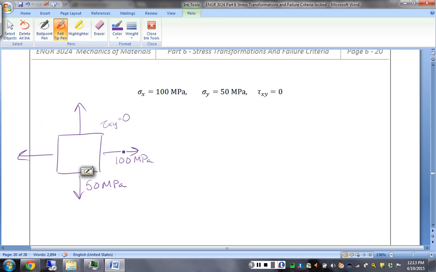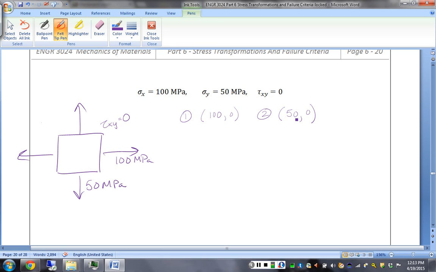So our point 1 that we will need for our Moore's circle is 100 and 0, and our point 2 is the stress in the y direction, 50 and 0.